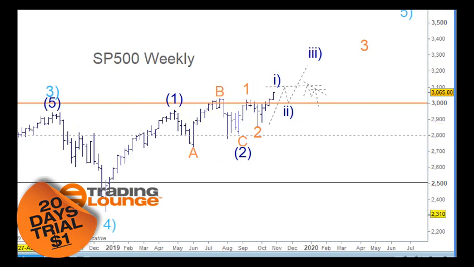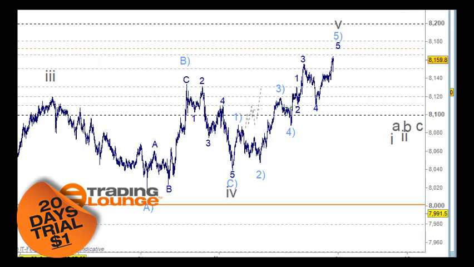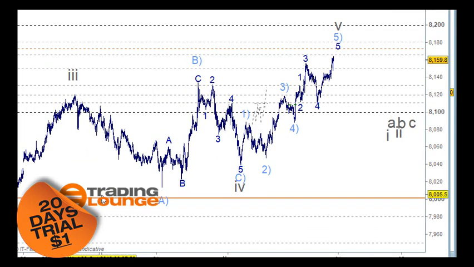All right. So we're just going to have a look at the NASDAQ for a moment. I'm just going to look at it on the tick chart. Okay. So in this case here, we've got the expanded flat in terms of wave A here and wave B up here, and then we've got 1 and 2 and 3 and 4 and 5. So in this case here, I'm using wave 1 here and wave 2 here, which I wasn't doing on the other market.